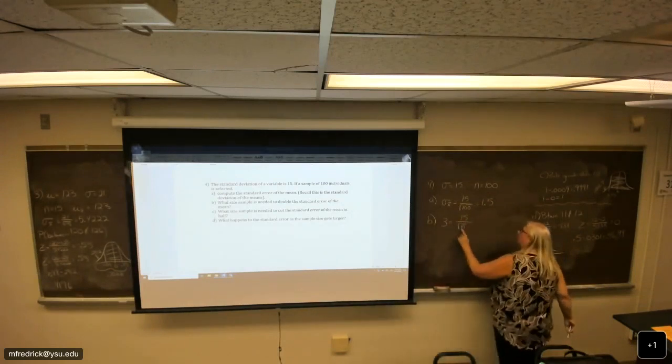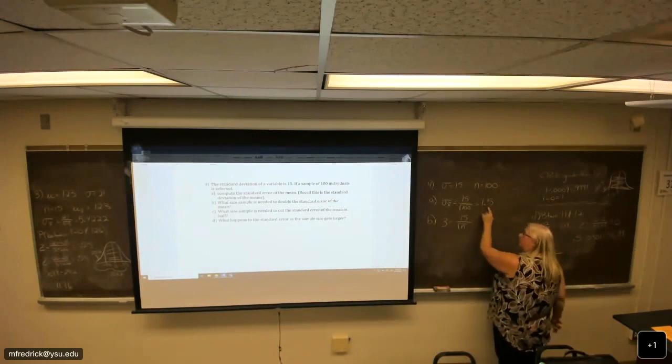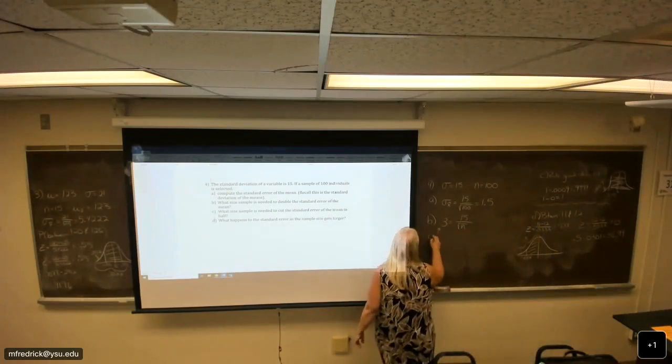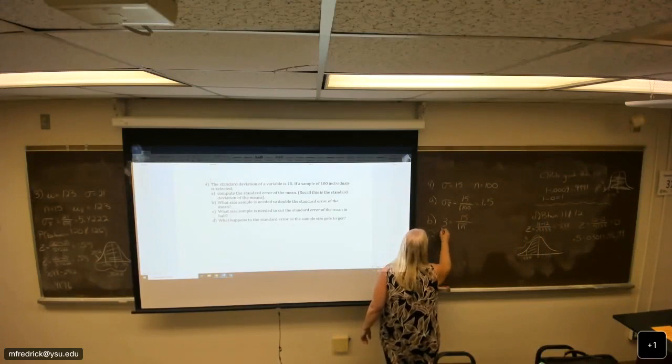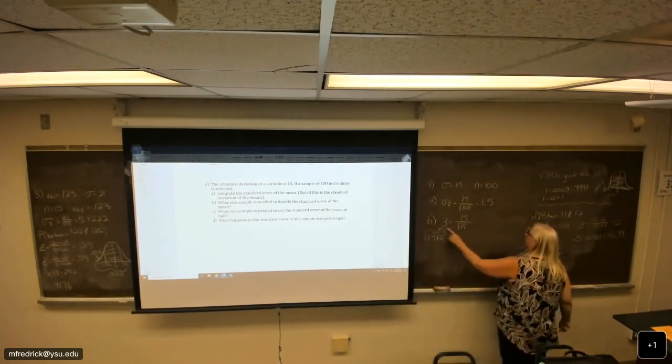So I want to know what sample size I need so that this will be a 3, because that would be double. So if you want it doubled, you multiply by 2 and you get 3. Then you just solve this for n.